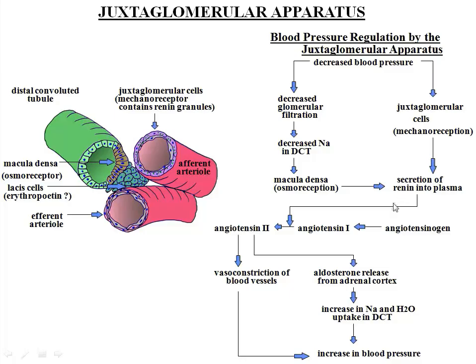In this flow chart you can see how the JG complex maintains blood pressure by initiating the conversion of angiotensin 1 to angiotensin 2, with vasoconstriction and aldosterone secretion. But in our histology course, we don't go much into the physiology. You can remember that the JG complex has a role in maintaining blood pressure, increasing or decreasing it, and how it is formed and what the cell types are.